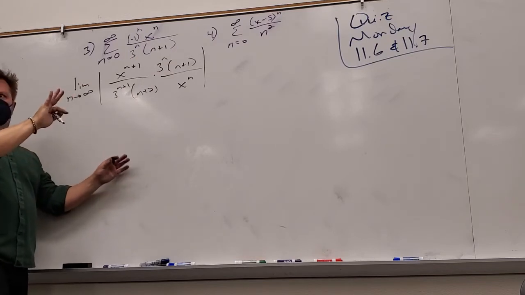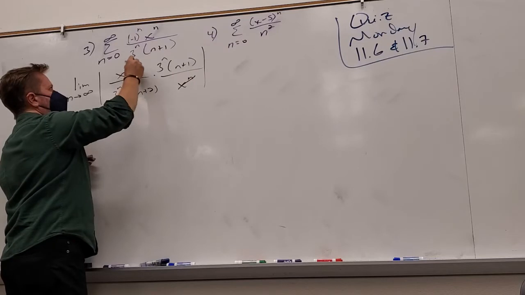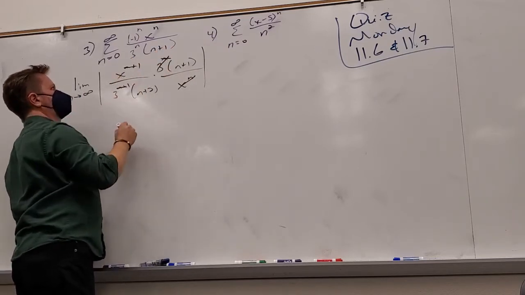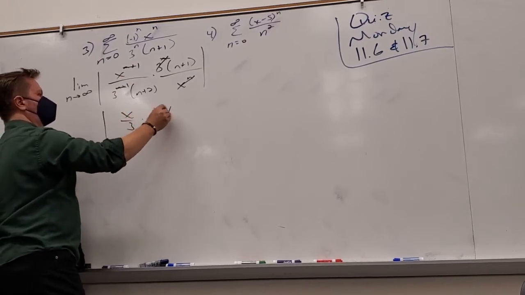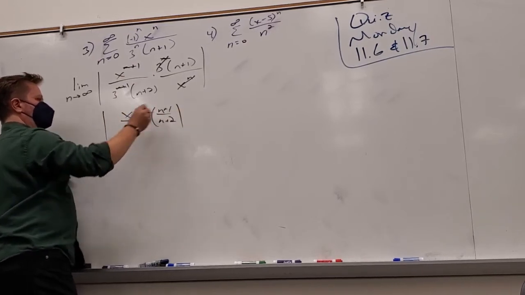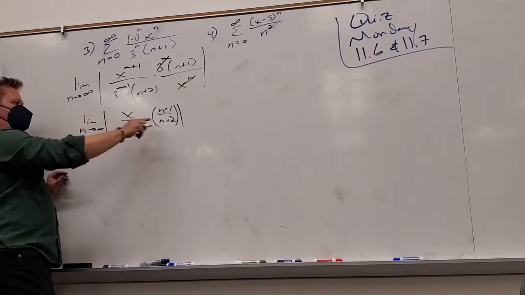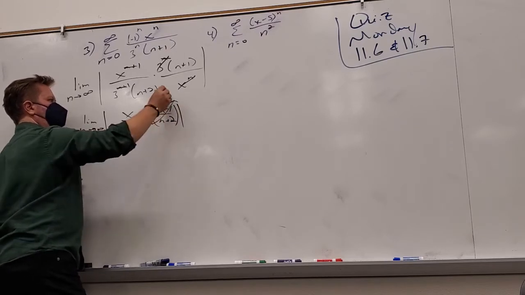Alright, so similar things happen. I lose n x's, I lose n 3's. So far I've got x over 3, and then I got this n plus 1 over n plus 2. As n goes to infinity, this goes to 1.